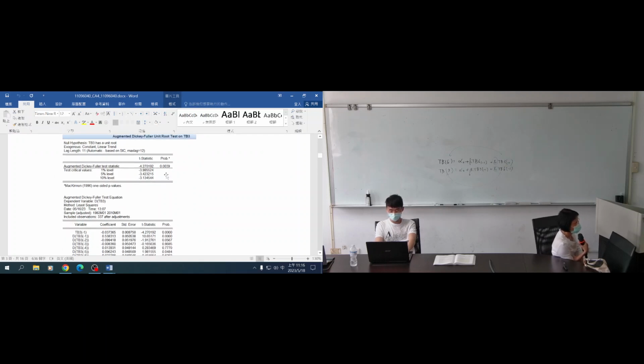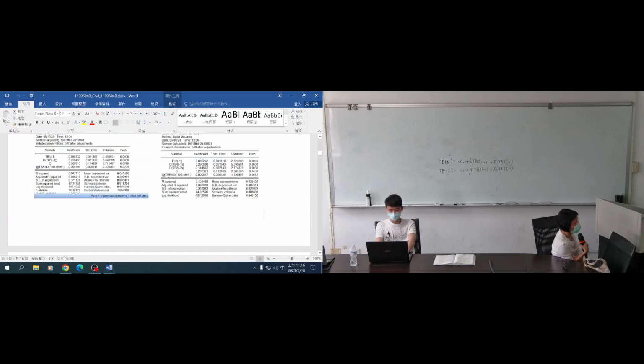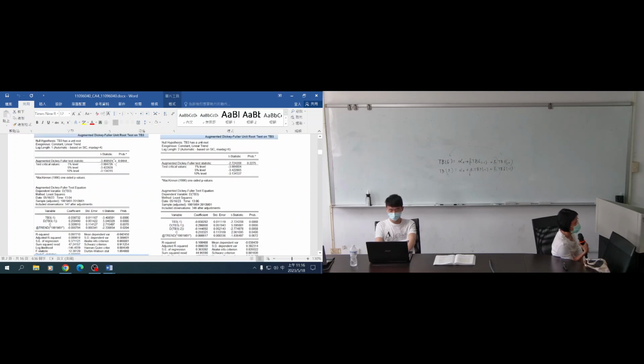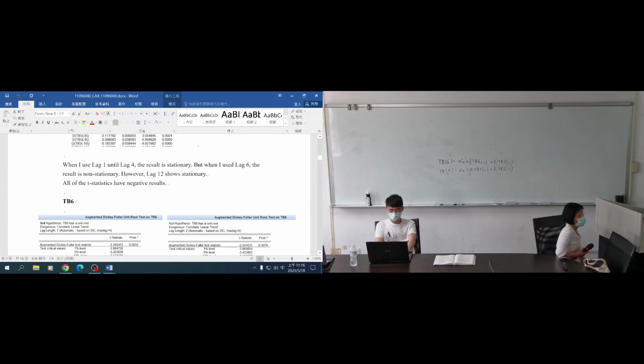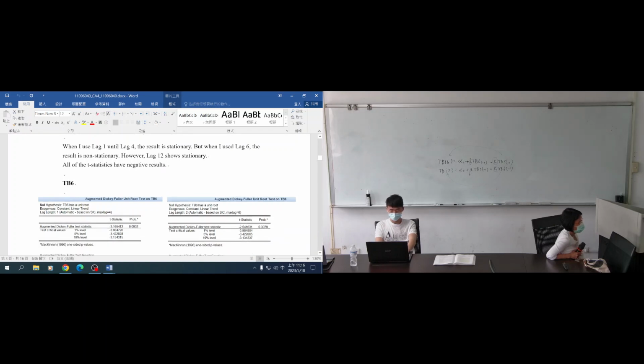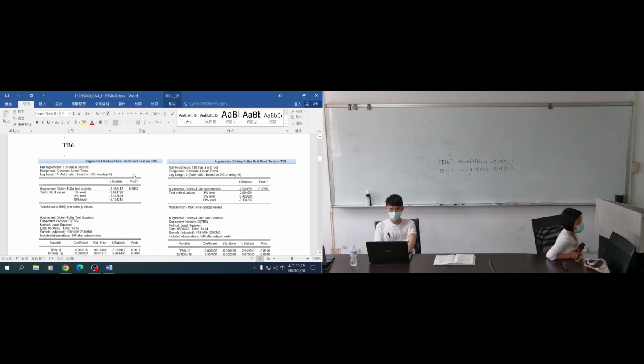I already tested with lags 1, 2, 3, and 4, and the result is the same as lag 4, so I just put lag 4 here. When I use lag 1 until lag 4, the result is stationary. But when I use lag 6, the result is non-stationary. However, lag 12 shows stationary, and all of these statistics have negative results.